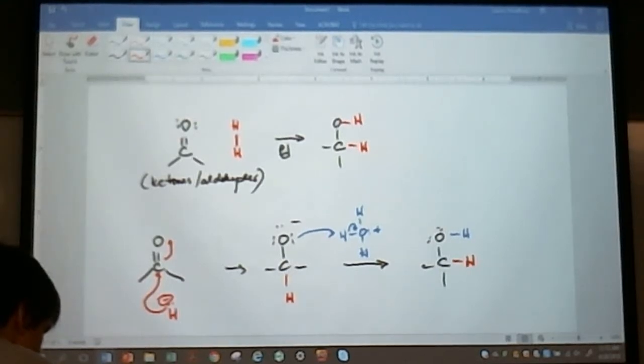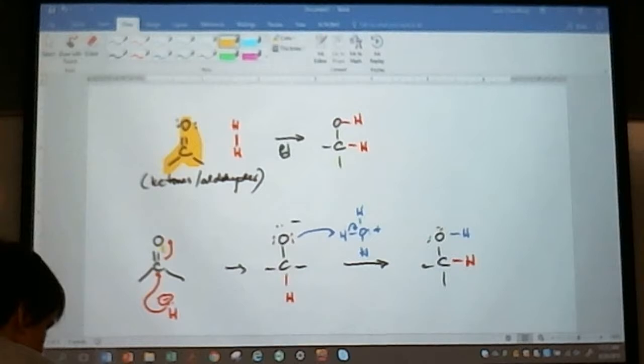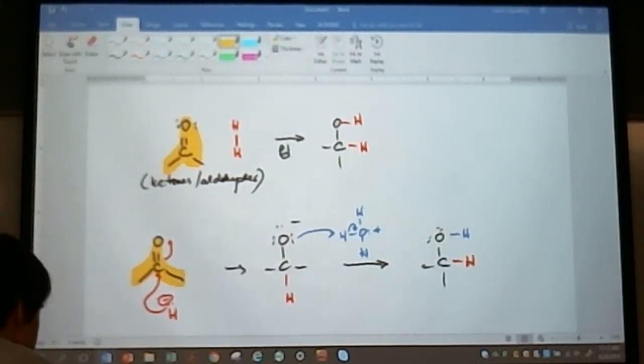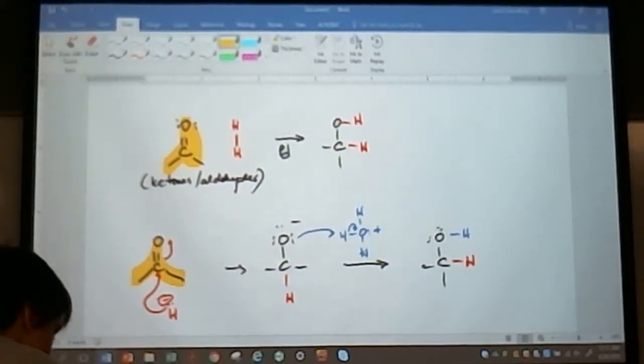Okay, so whether you're starting from this and using hydrogen to get this alcohol, or you're starting here, you're getting basically the same alcohol. Now, where does hydride ion come from?